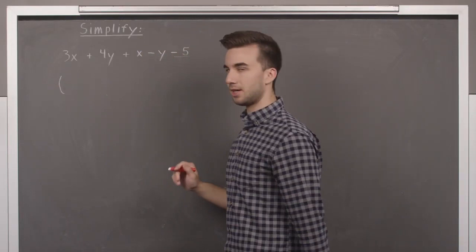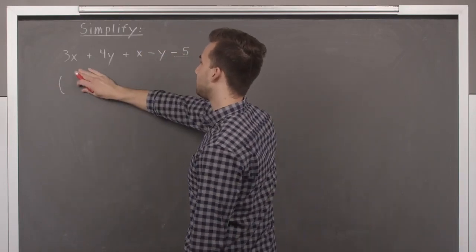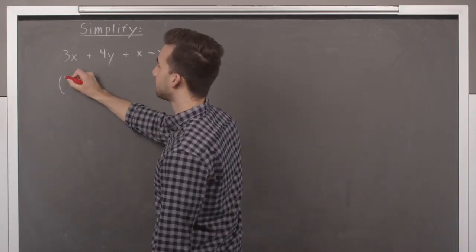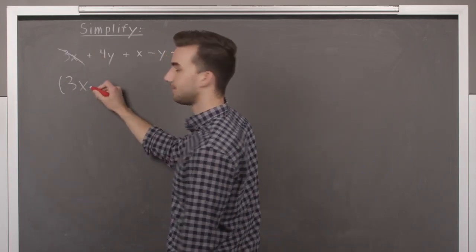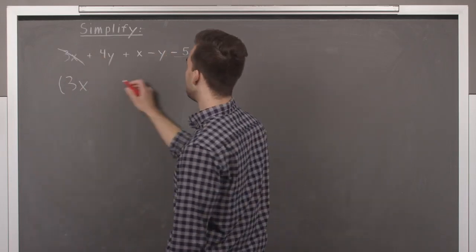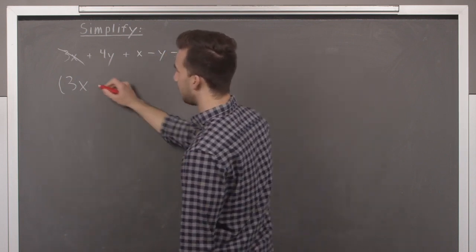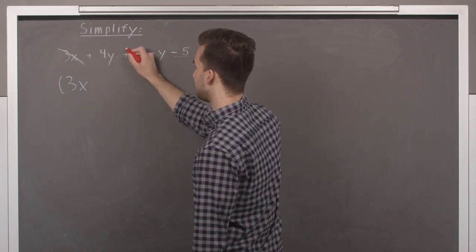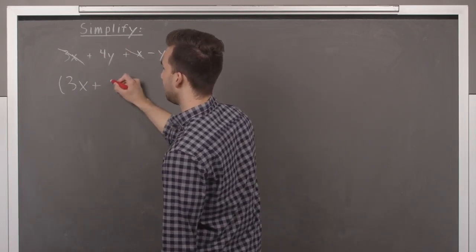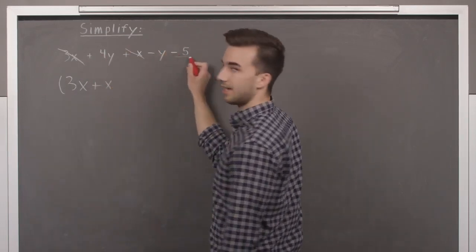So let's find all the x's. And here's a little trick. When you're rewriting the expression, if you cross out whatever you've already put into the new rewritten expression, that helps me a lot. So we're going to add up all the x's. Here's an x, so let's cross it out and do it there. Any other x's?